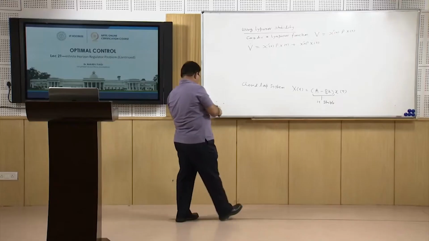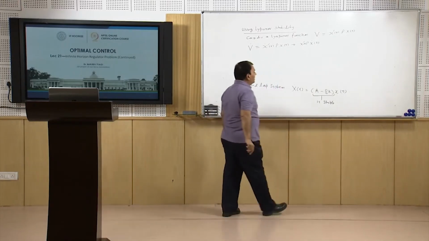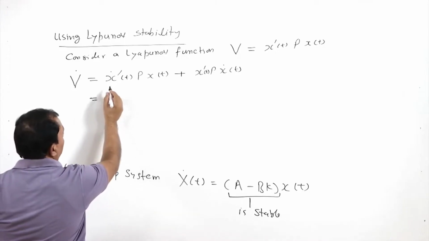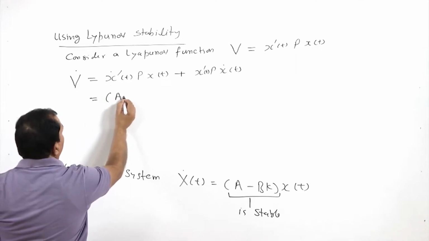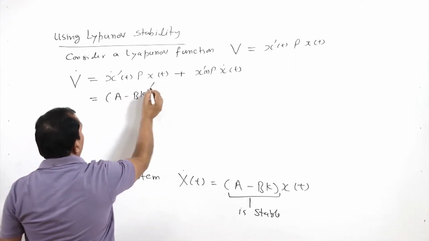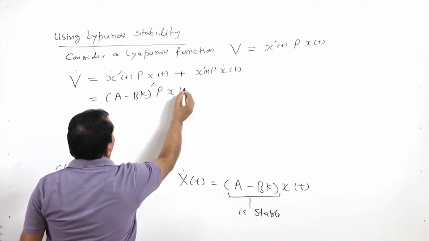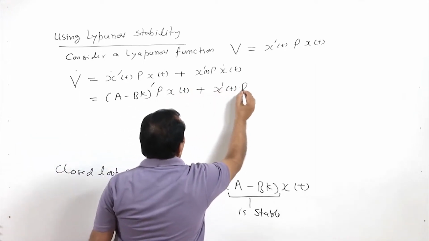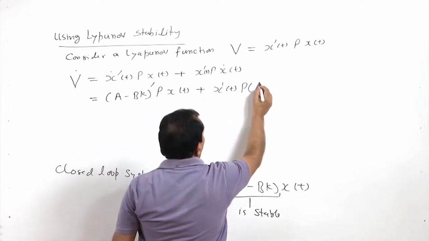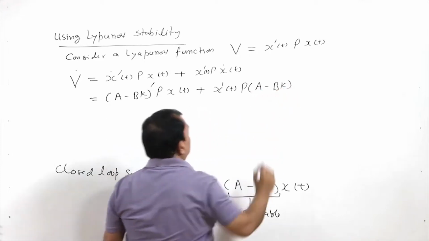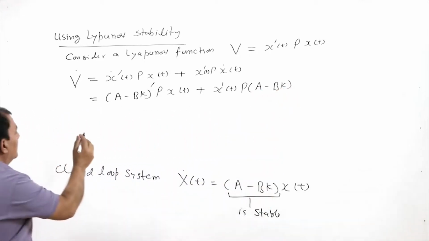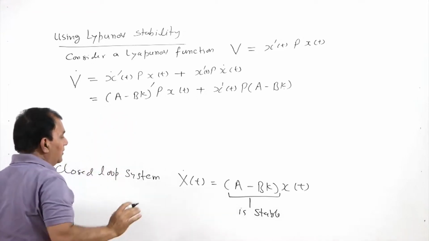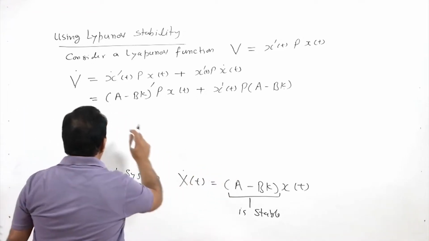Now x dot for the closed loop system is A minus BK x t, so we get A minus BK x t transpose P x t plus x transpose P A minus BK x t.